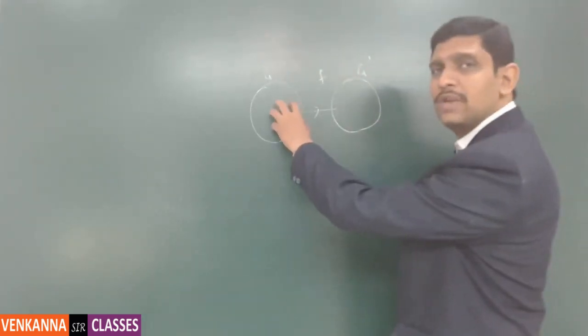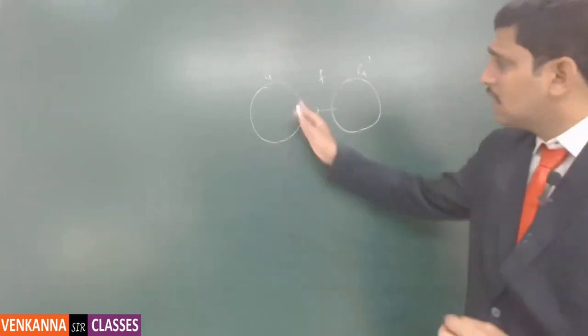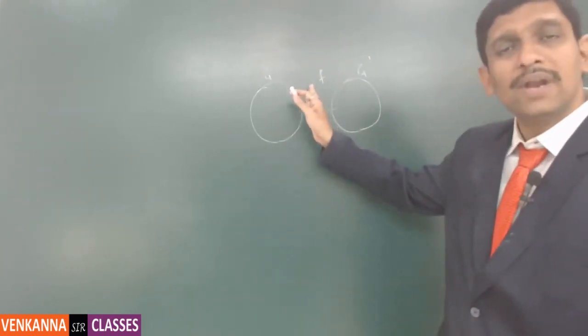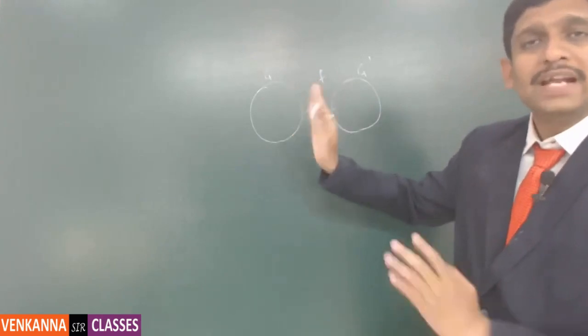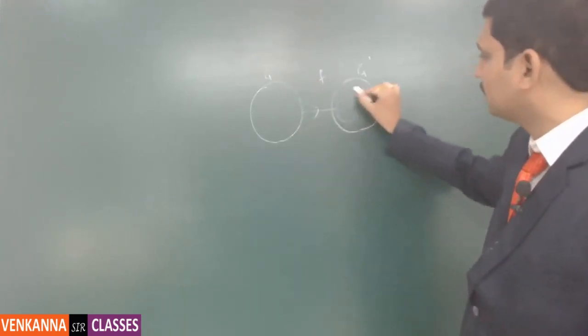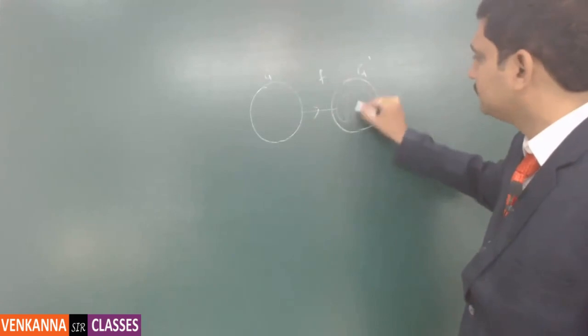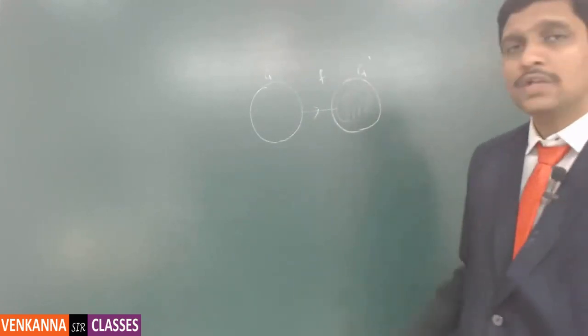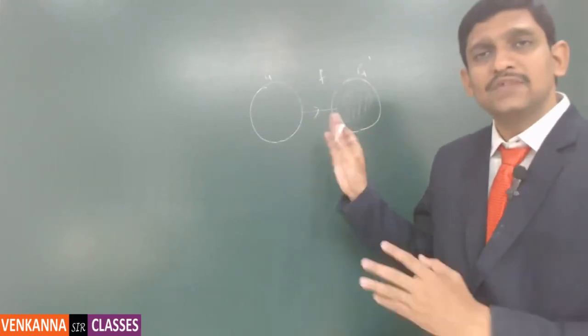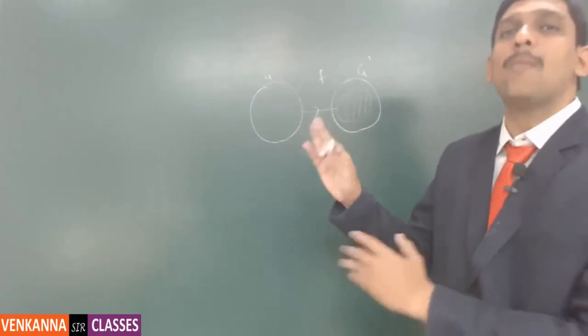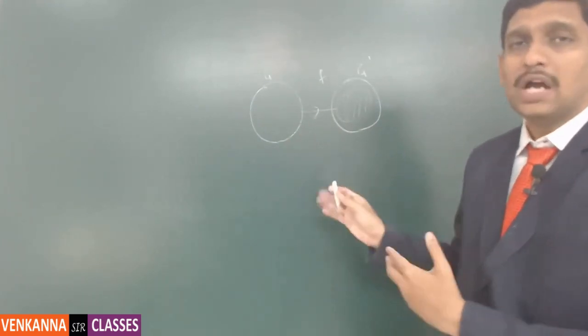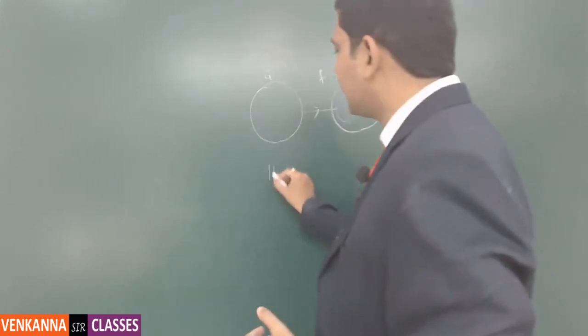In the domain you will have a set of elements. For these elements you are applying the function, so you will get images in the codomain. So this is the image set. This image set is formed by means of a homomorphism, so we call it the homomorphic image.